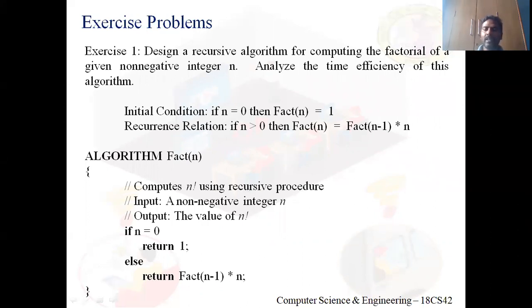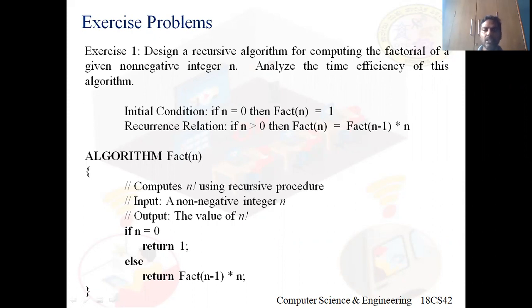Remember, you have studied in discrete mathematical structures: when I give a recurrence solution for any problem, there are two things. One is an initial condition. Why? Because the initial condition makes further invocation of the algorithm terminate.